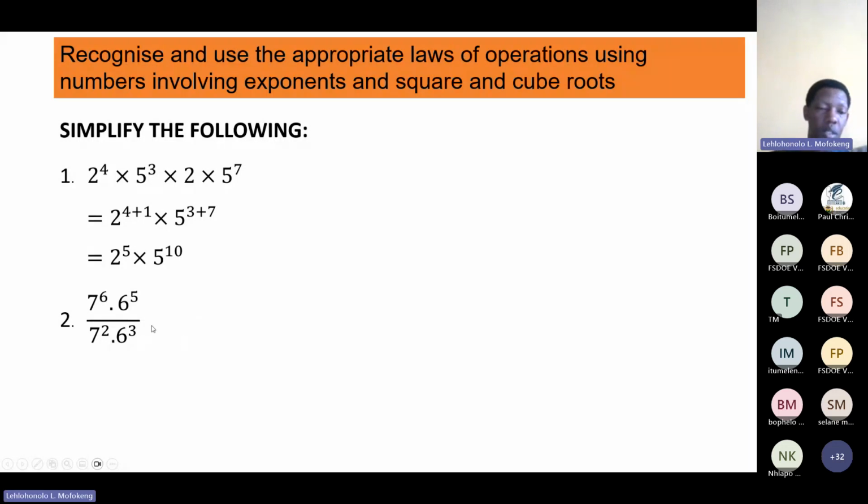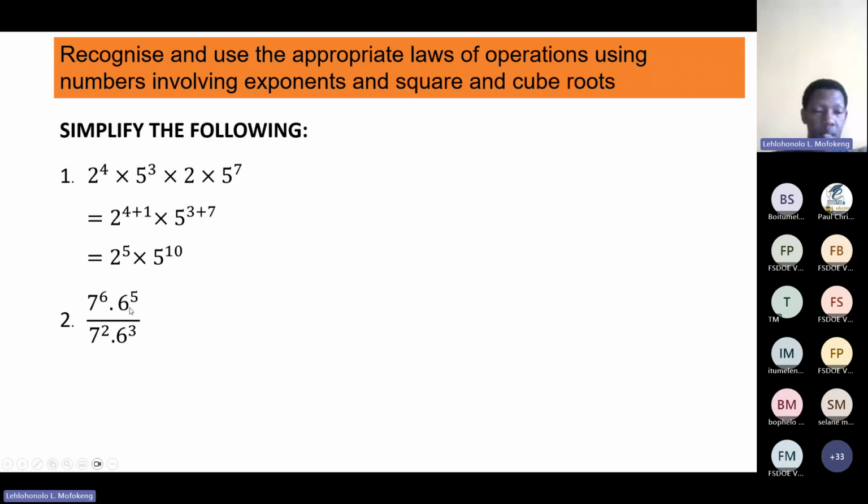So the least we can do is to check for the same base on the numerator as well as the denominator. We have base 7 on the numerator and base 7 on the denominator. So we are dividing base 7. Therefore, we must subtract the exponents.